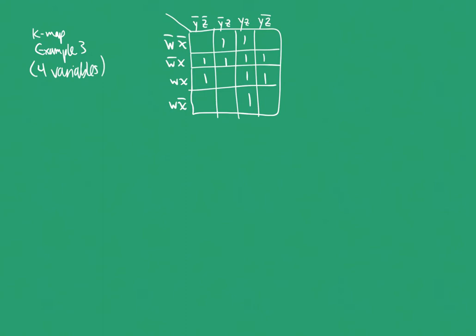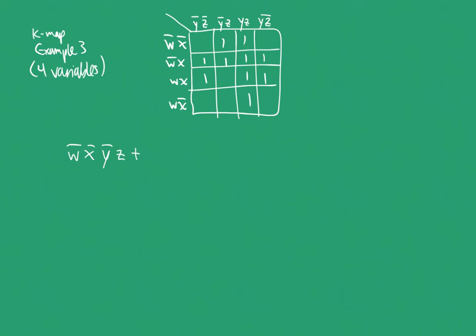Well, we have W bar, X bar, Y bar, Z. That's what this one indicates because of what row and column it's in. So our first term is W bar, X bar, Y bar, Z. All I'm doing is taking a K-map and translating it into the expression, because in our previous examples I started with the expression and then we translated that into a K-map.